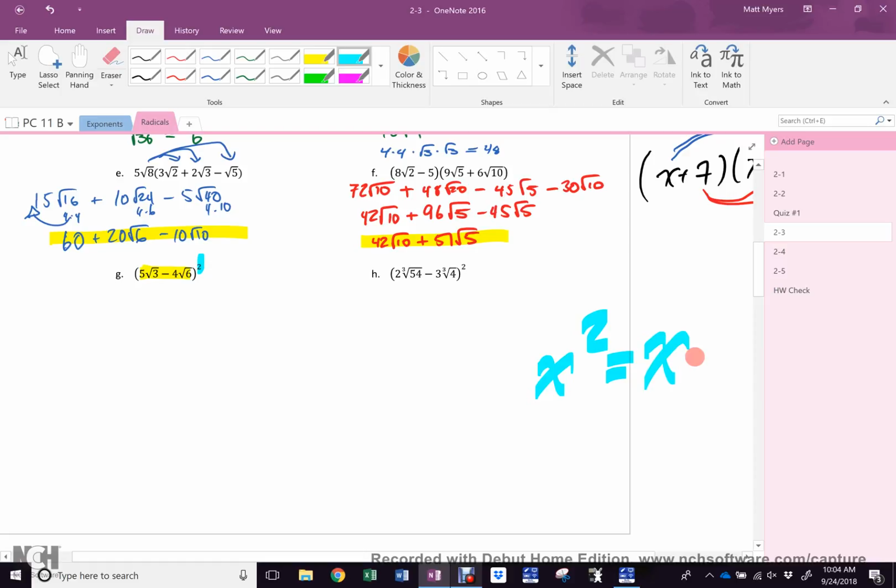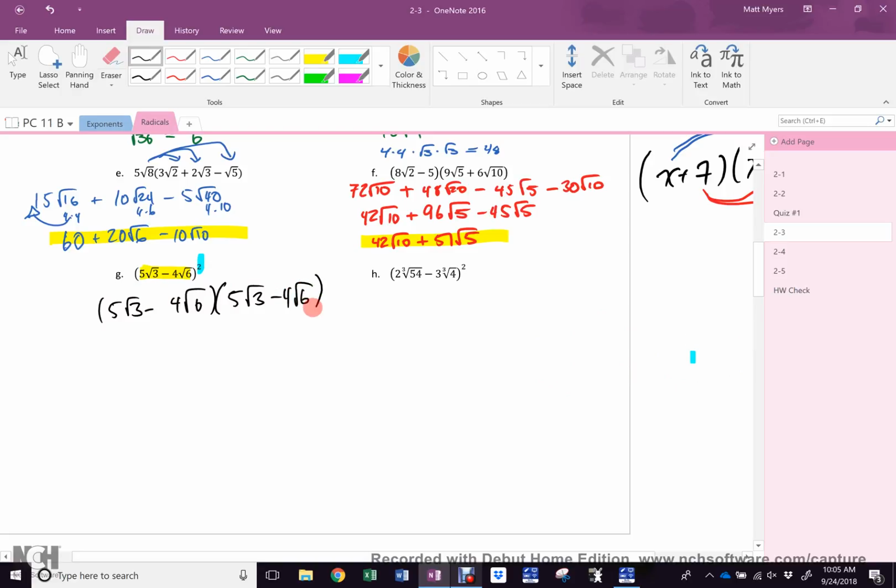It means x times x. So what does that squared mean to that base? One base, two bases. And when you were there, do you know what to do? Of course you do, because you just did F. Right? Go.